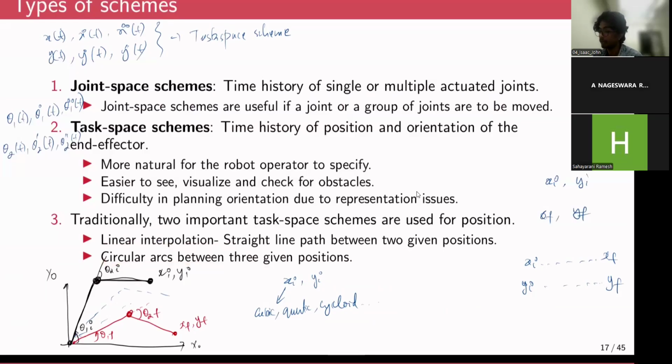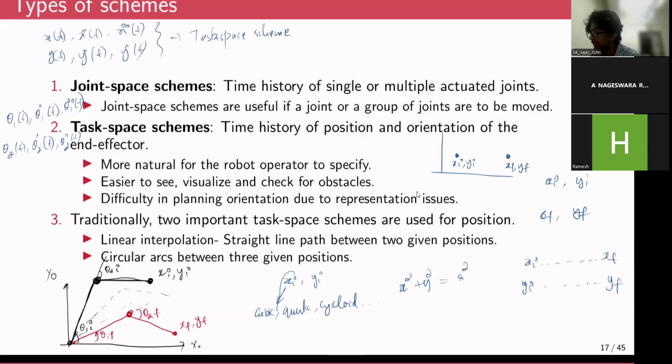You can, for instance, in case of a circular arc, once you have planned the trajectory for xi, yi can be as per this relation, x square plus y square would be r square. If you want your robot to start from an initial position, sorry, initial coordinates would be xi, yi, final coordinates would be xf comma yf.